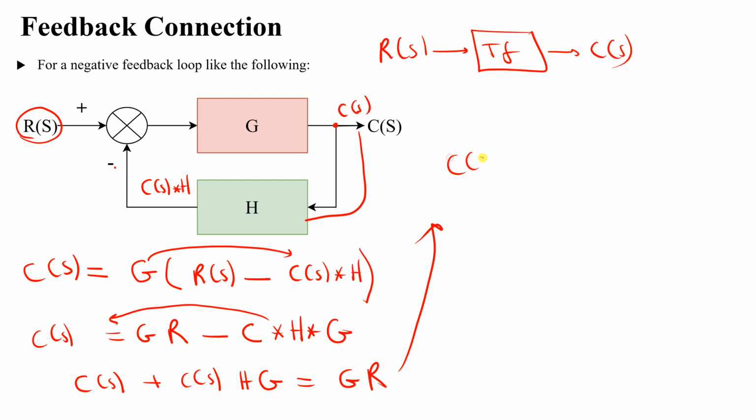C of S times 1 plus GH equals G multiplied by R.